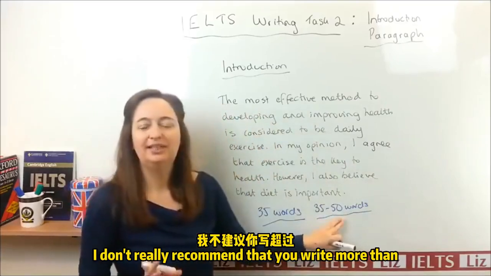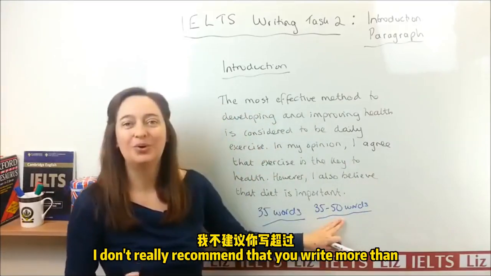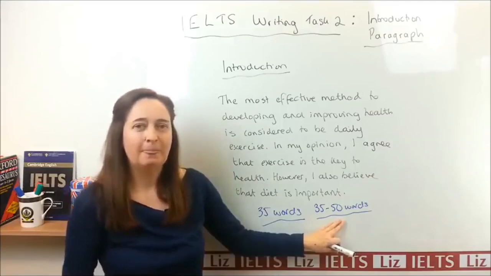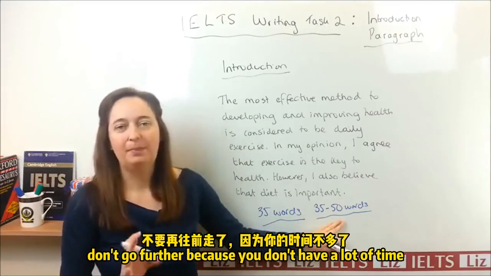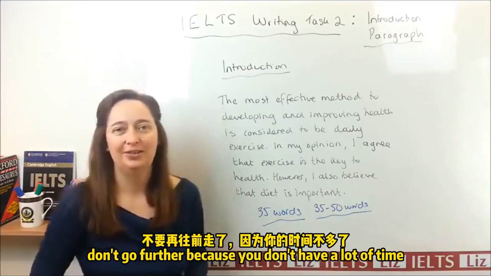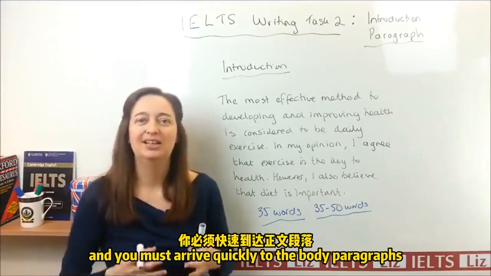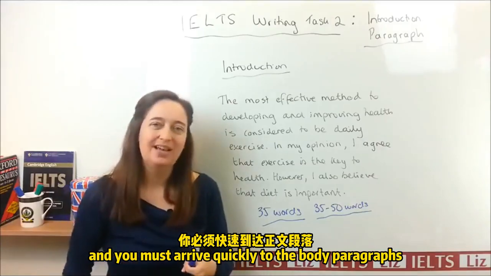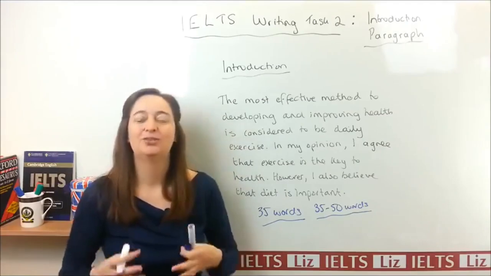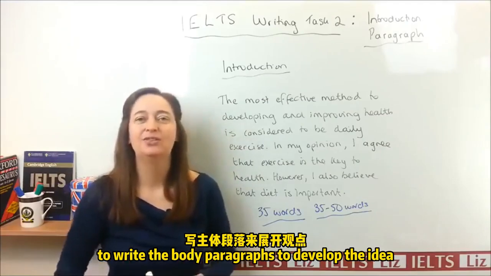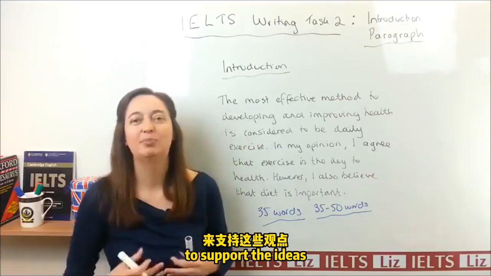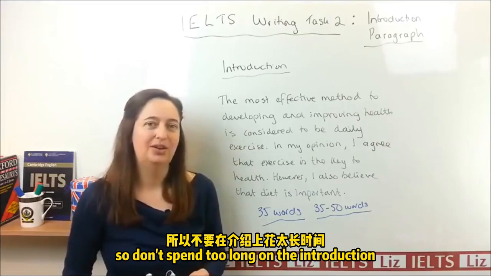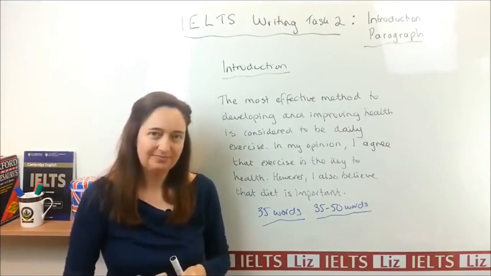I don't really recommend that you write more than 50 words. 50, 55, don't go further because you don't have a lot of time and you must arrive quickly to the body paragraphs and you need time to write the body paragraphs, to develop the idea, to support the ideas. So don't spend too long on the introduction.